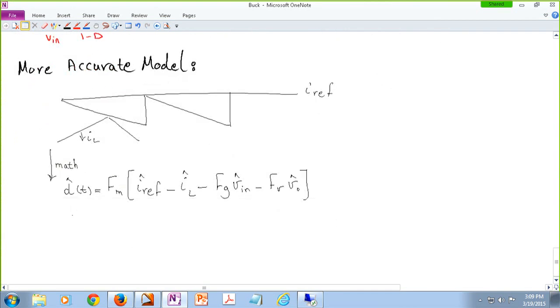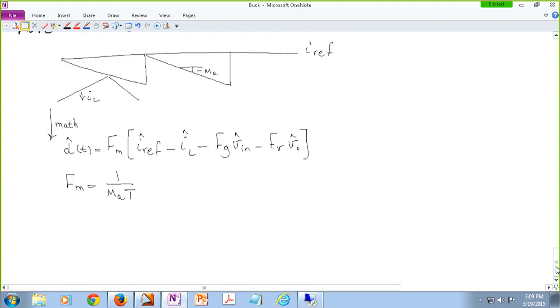Fm is always 1 over, where T is the switching period and Ma is this auxiliary ramp. Fg and Fv are dependent on the topology that you are working with.